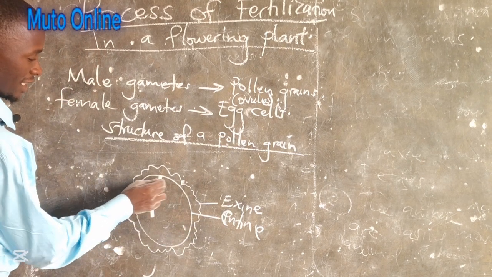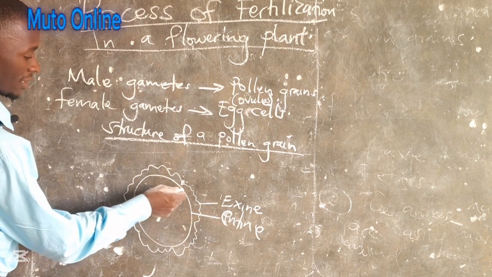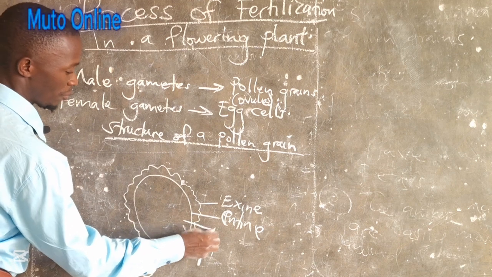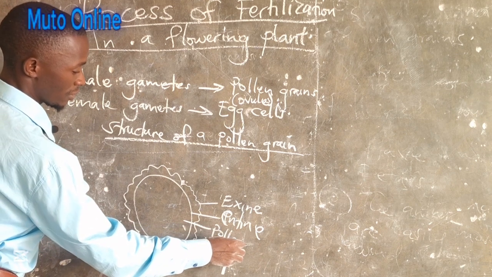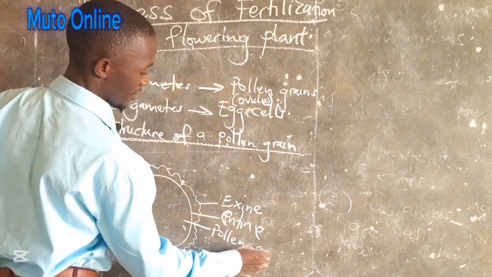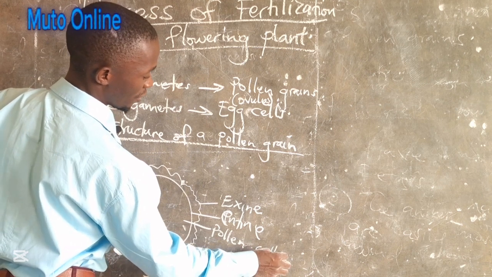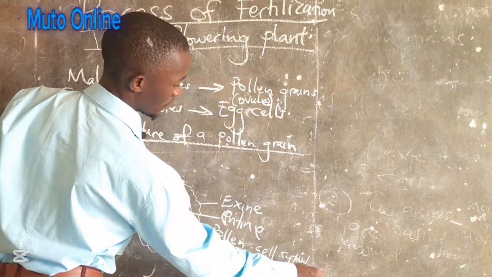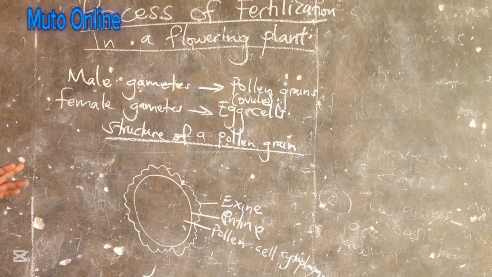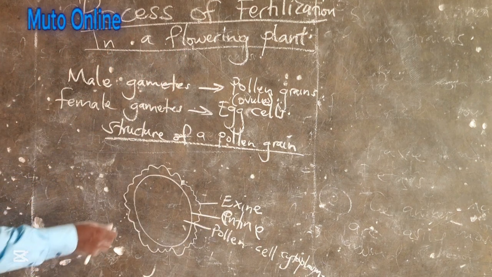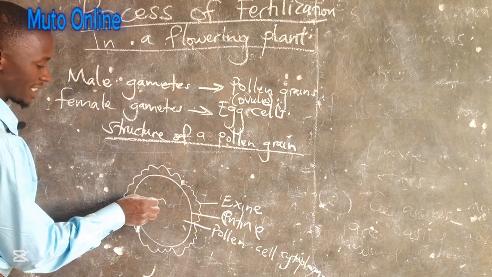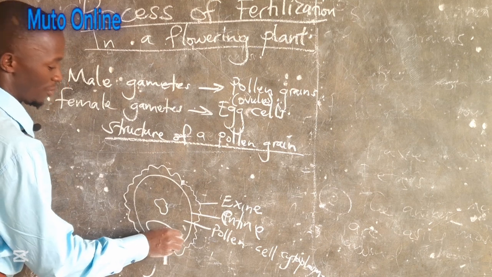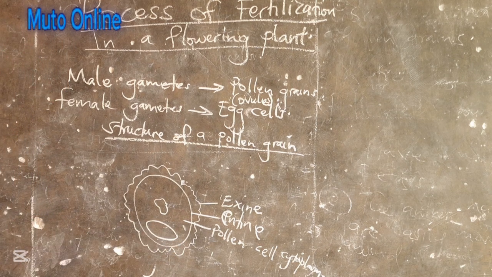The intine is surrounding what we call the pollen cell cytoplasm, which is surrounding two cells: the pollen tube nucleus and the generative cell, which is larger.